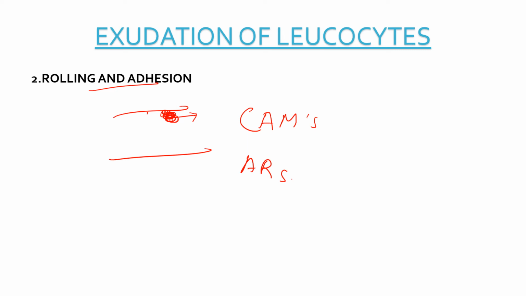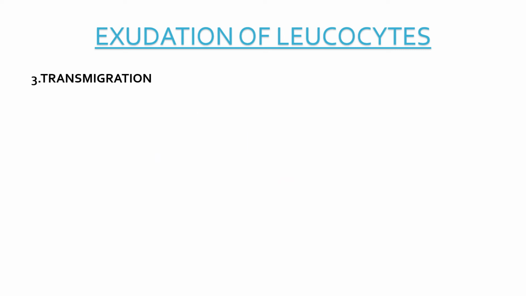Now moving to the next step, that is transmigration. After the leukocyte-endothelium adhesion, neutrophils move along the endothelial surface till a suitable site between endothelial cells is found, where neutrophils pass through by cytoplasmic pseudopods.